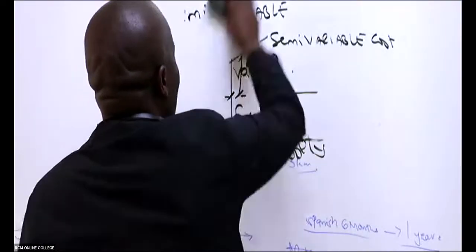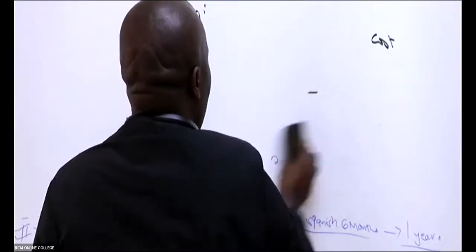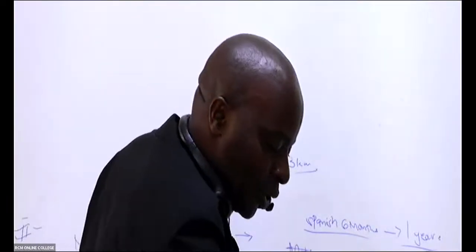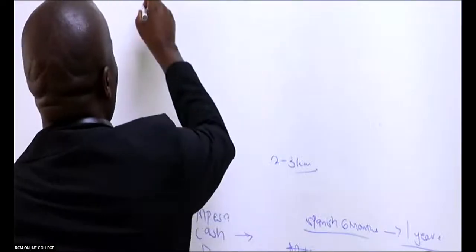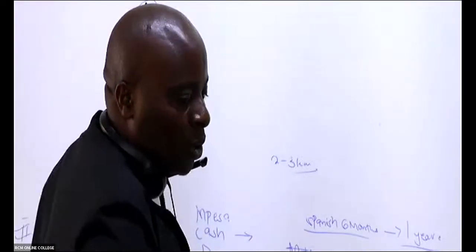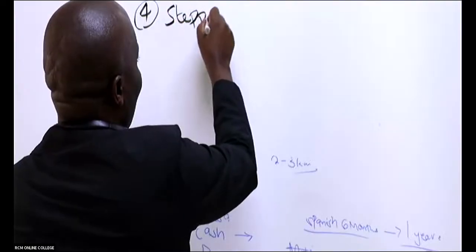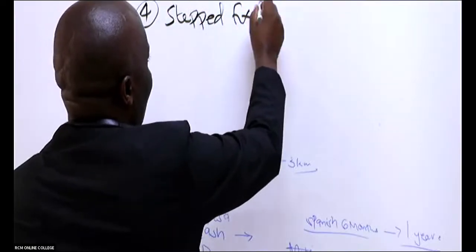Then there is one cost which I have not mentioned there that I always like explaining and writing here by myself. So we have here the fourth one. Fourth one is what we call the stepped fixed costs.